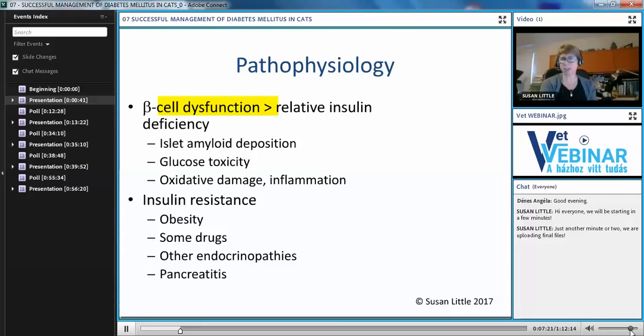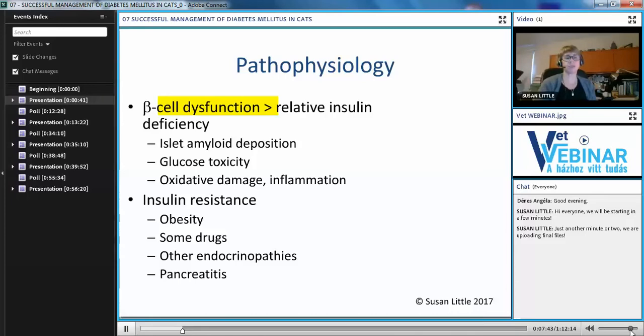And like my cat, some cats develop diabetes after having had chronic pancreatitis. So with a long struggle with chronic pancreatitis, they may have beta cell dysfunction as a consequence of the pancreatitis and then become diabetic afterwards. So we sometimes see it as a feature of chronic pancreatitis as well.